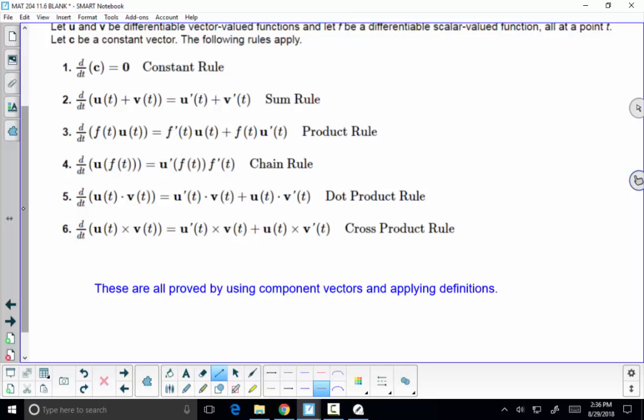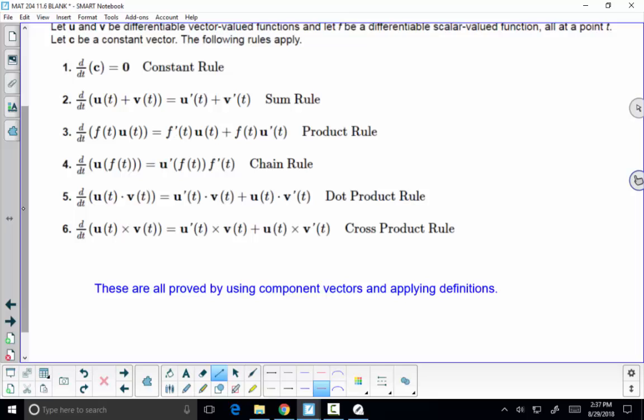Even though this is a real valued function and that's a vector valued function, the product rule is still the same: derivative of first times second plus first times derivative of second. No big changes. The chain rule still works the same. Here we have a function inside of a vector function: derivative of the outside evaluated at the inside multiplied by the derivative of the inside.